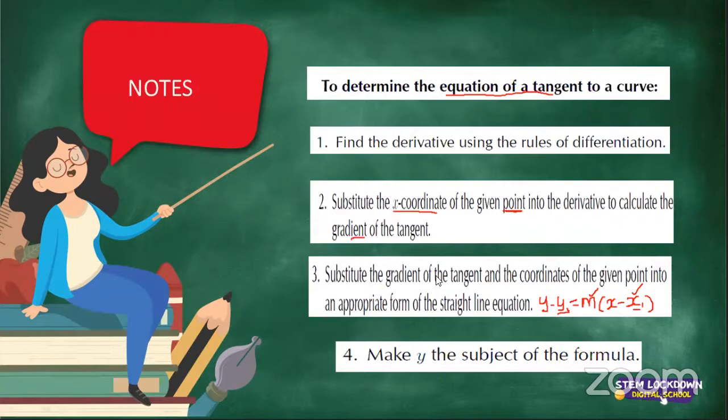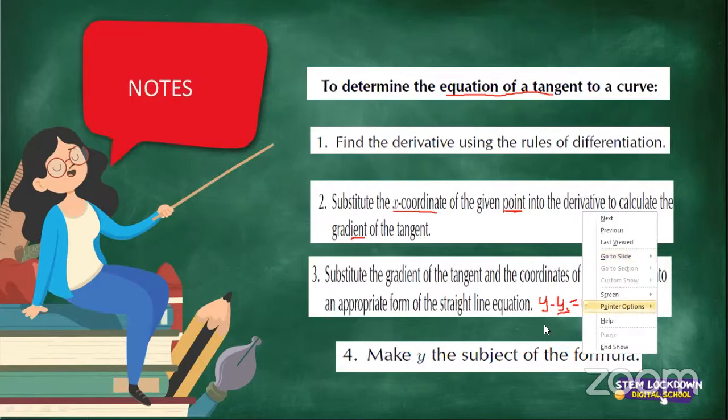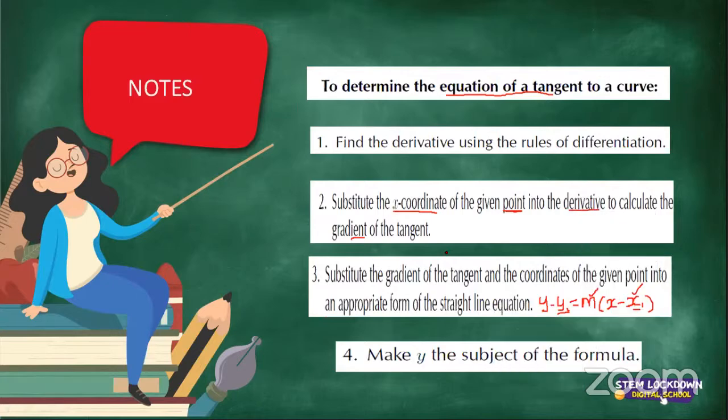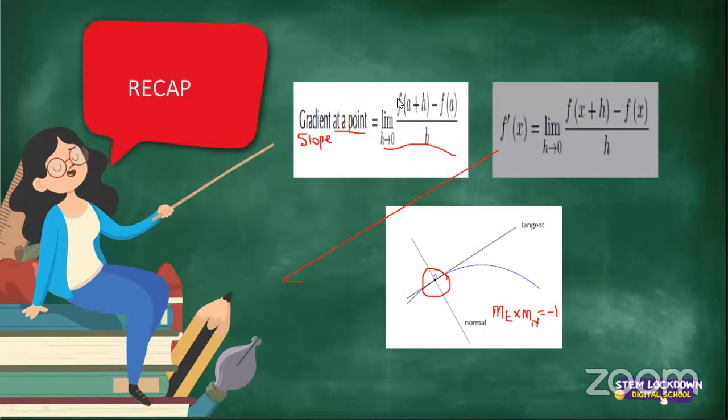So remember, I was very specific here that you substitute the x coordinate of the given point into the derivative. Okay, and then you get the gradient. So the a here is actually equal to x.